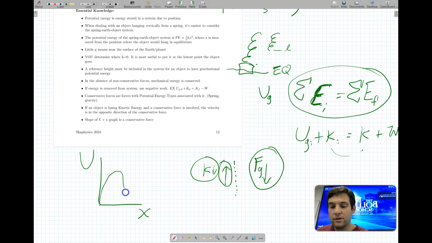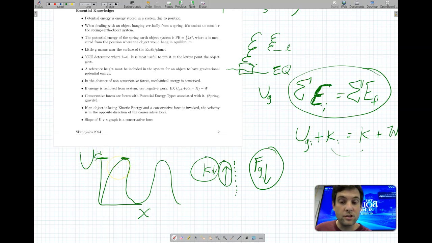For those of you in calculus, you may see graphs that look like this, and you have to determine where is the maximum kinetic energy. Let me try to make it a little bit better. There we go. So where's the maximum kinetic energy? The way we will read this is if this is 5 joules at the very top, then this is maximum potential energy.